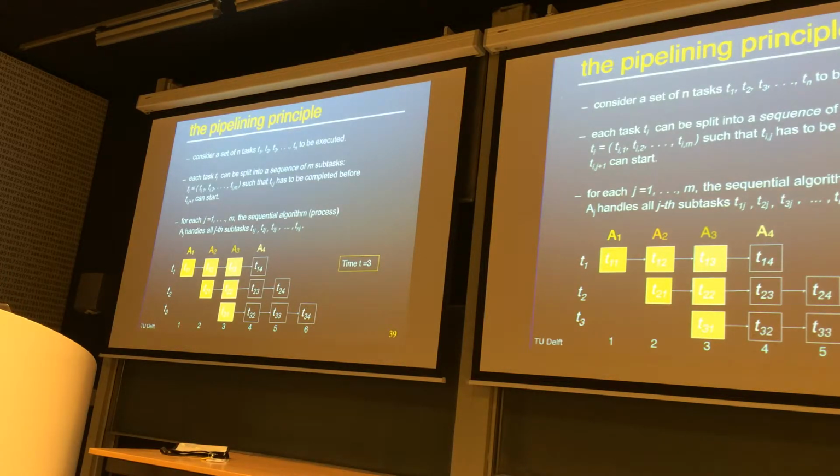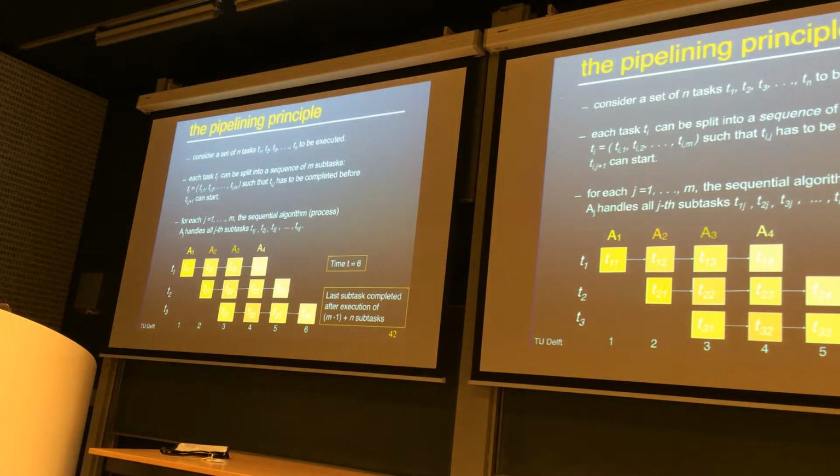So what we finally have, and now here, okay. Oh yeah. So here now A4 is ready to start. What we finally achieve here is that after m minus 1 steps plus n steps, we have been able to complete all the tasks.